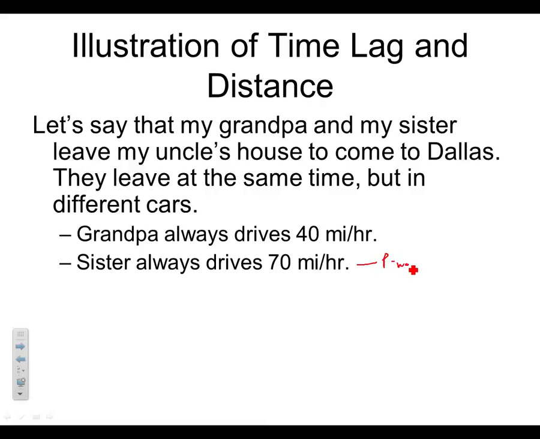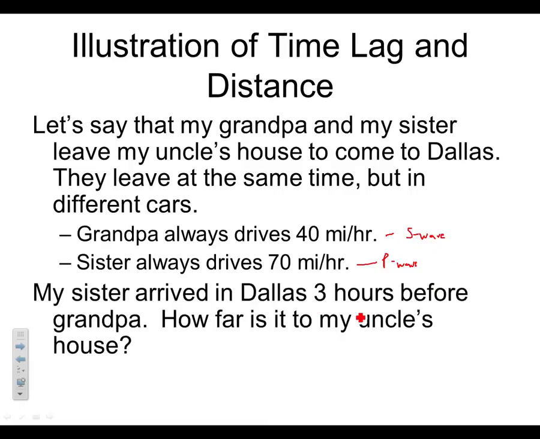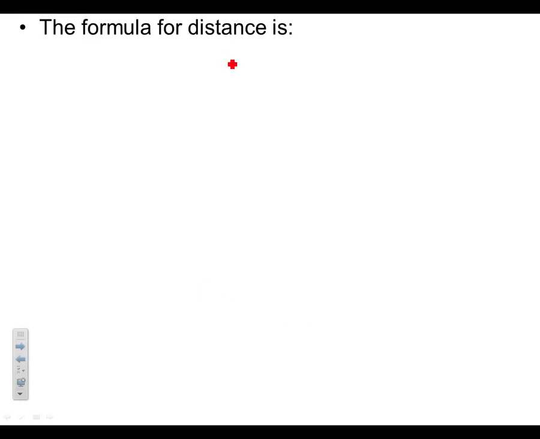She traveled really fast. The grandpa was the S wave. He was a lot slower. And then the 3 hours was the difference. So that 3 hours, that was our time lag. So we have enough information to figure out how far it is to my uncle's house. We know the formula for distance. Formula for distance is rate times time.